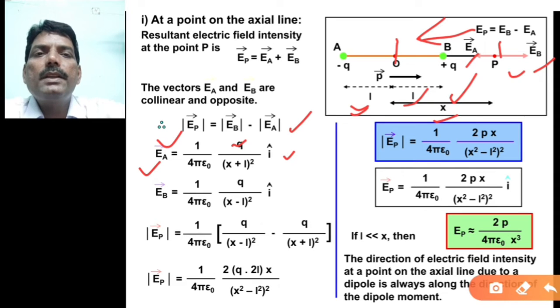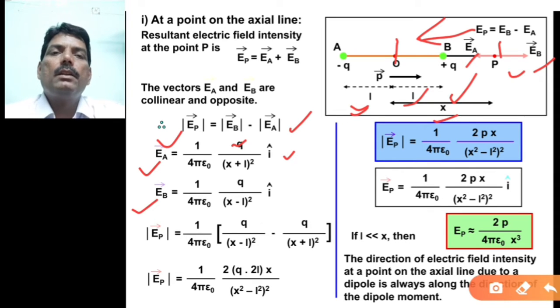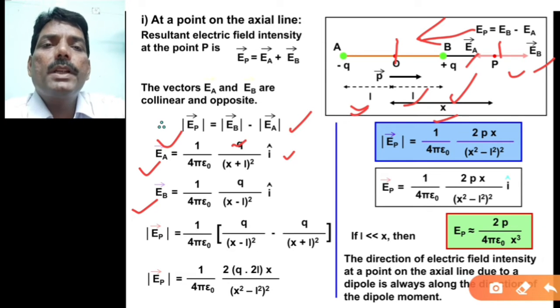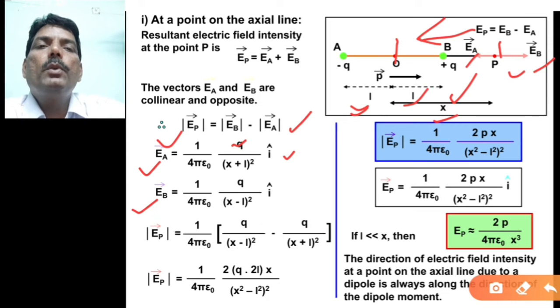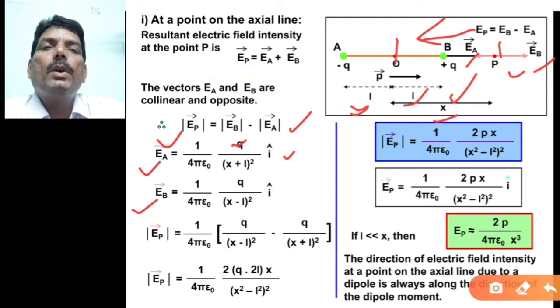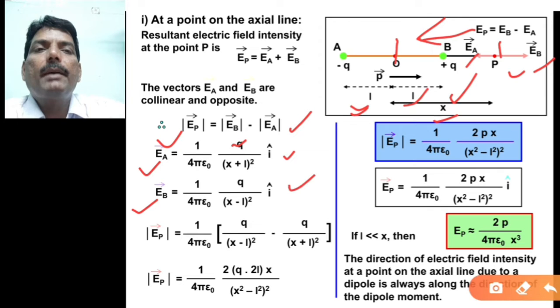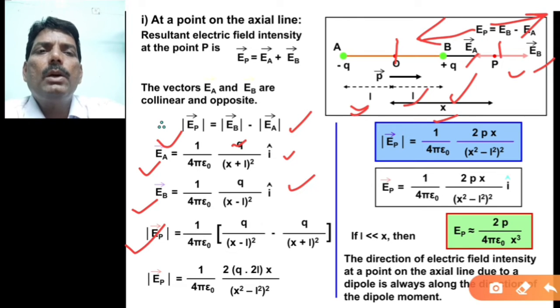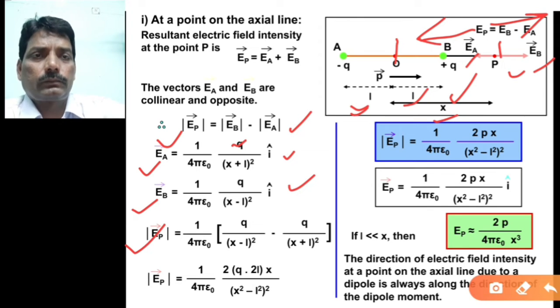Then similarly for EB, the electric field at point B due to the plus q charge is given by 1 upon 4 pi epsilon 0 into q upon (x minus L) whole square i cap, that is towards the right. So from this, the resultant electric field EP is given by 1 upon 4 pi epsilon naught.